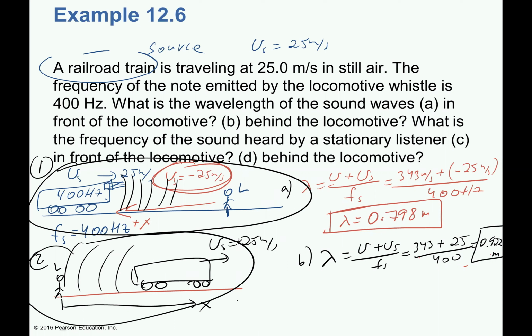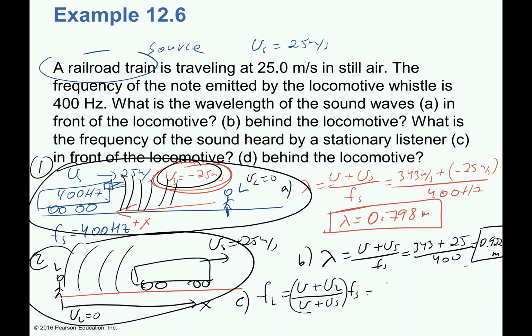So let's do this. For C, I'm calculating f of L, which is V plus VL divided by V plus VS, times f of S. All right, my observer here is at rest, so VL is equal to 0 for both of them. So for case 1, when the source is moving toward the listener, you can see Vs is negative.